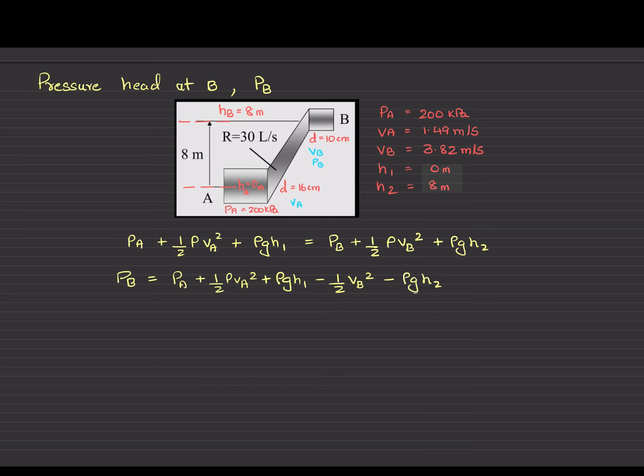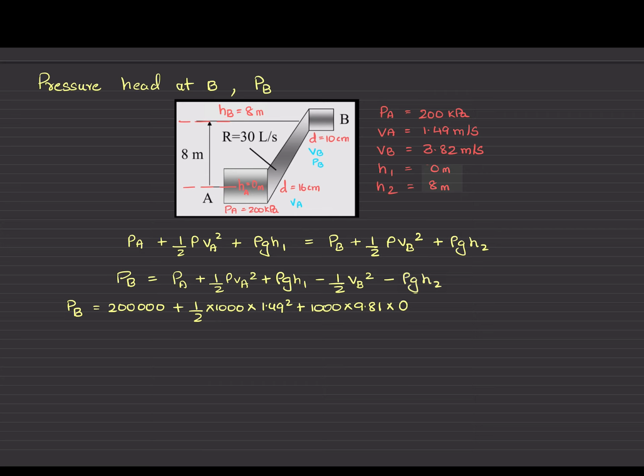Now we can just substitute in the values. So PB will be pressure at A, which is 200,000, plus half times the density of water, 1,000, times velocity at A, 1.49 square, plus the density of water again, 1,000, times G 9.81 times H1, which is 0.